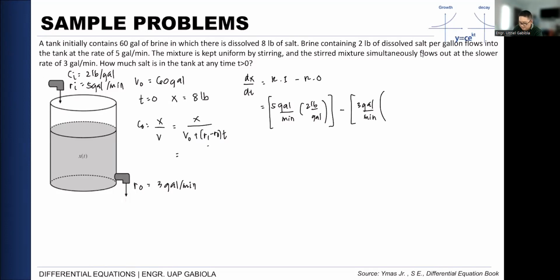Okay? So dito magiging x over 60 plus 5 minus 3t, or x over 60 plus 2t. Okay? So yun yung lalagyan natin dito. x over 60 plus 2t. Okay? So yung matitirang unit natin dyan is pound per minute.